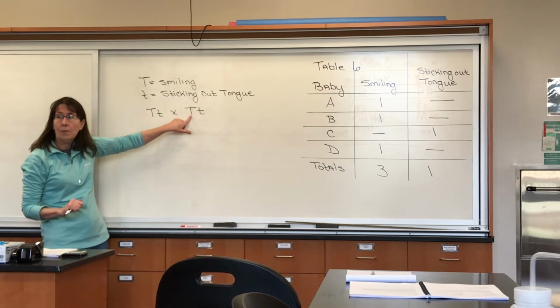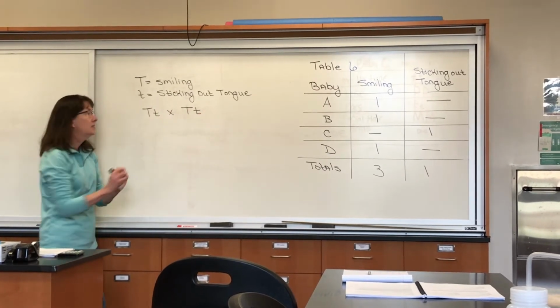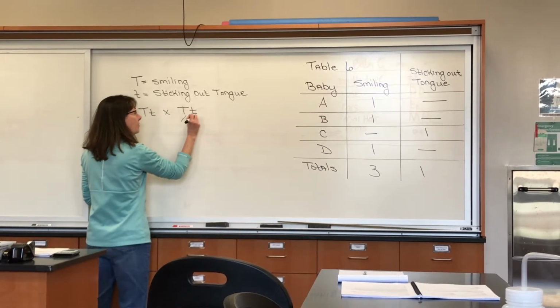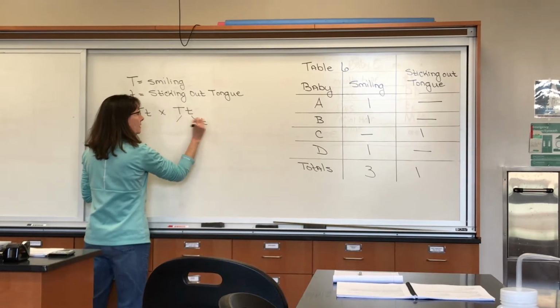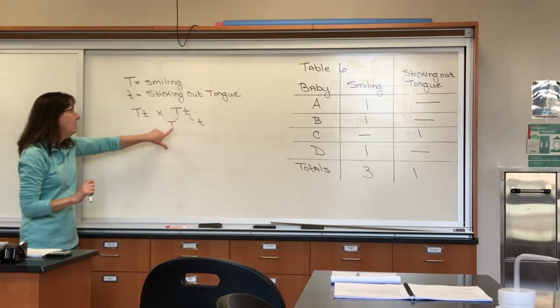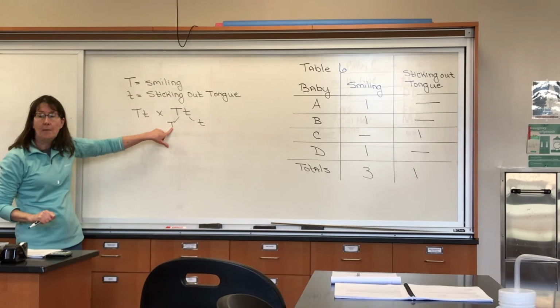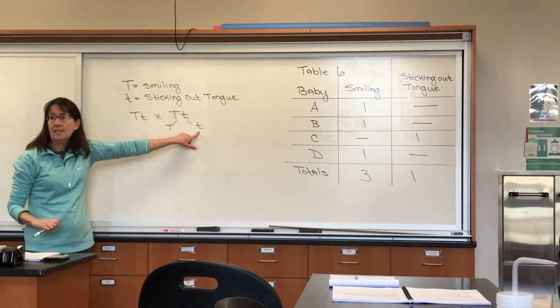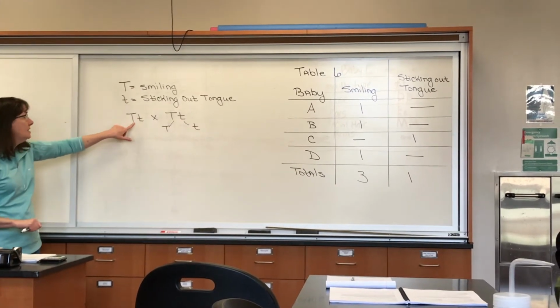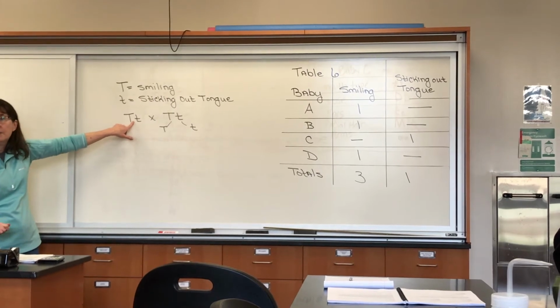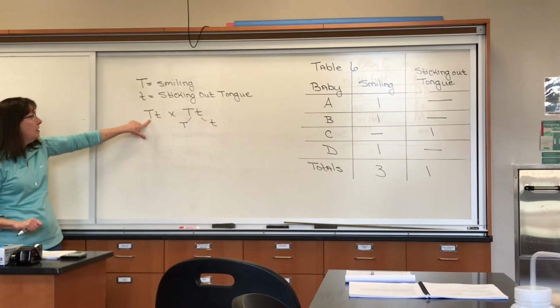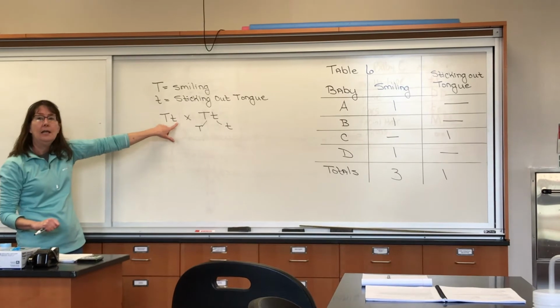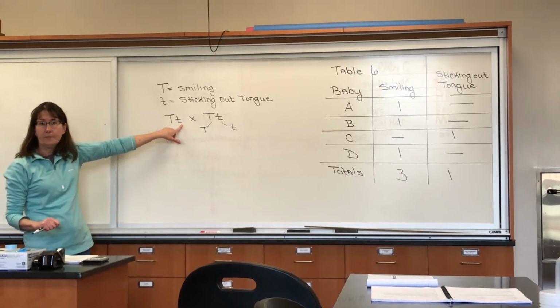This allele is on one chromosome, this allele is on another. They get separated. Half of the gametes here will have the dominant allele, half will have the recessive allele. And that is the same for our father, Mr. Potato Head. Half of his gametes will have the dominant allele, and half will have the recessive.